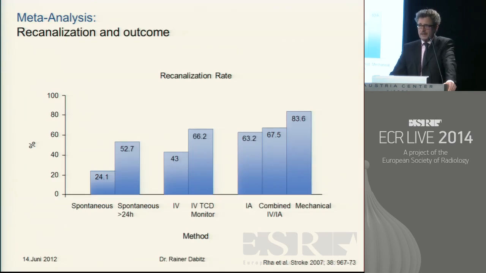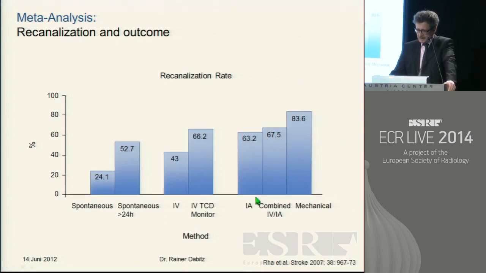So if we look at the efficacy of the different options we have in stroke treatment to treat these patients, that's interesting. 24% of the patients were recanalized spontaneously, and 52% of the patients were recanalized spontaneously after 24 hours of time. This is much too late, of course, and clinically it's not of any relevance.